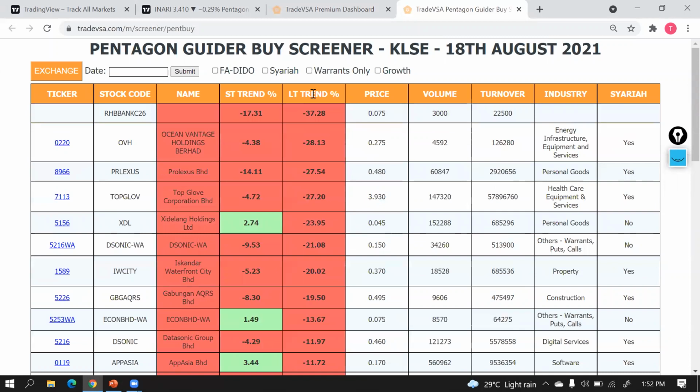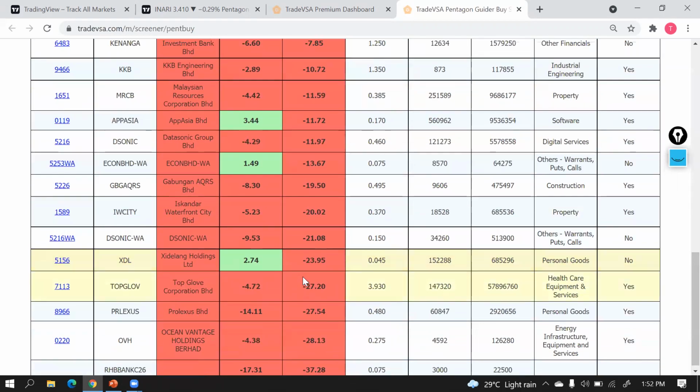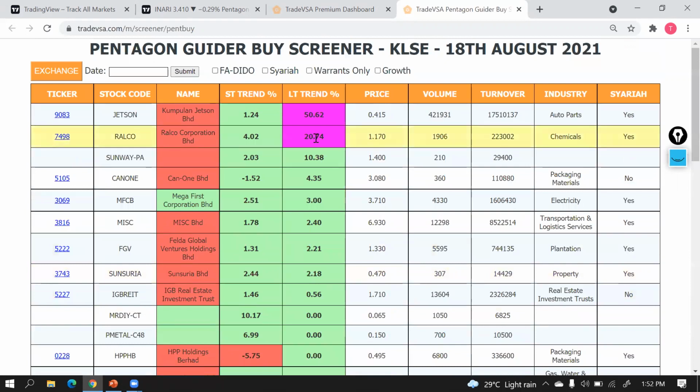What I usually do is sort by LT, from highest to the bottom, so I know how to focus properly by using which stocks are above the 200 MA. For example here, it seems like Jackson is weakening already. It turns to a red hit zone, but ST and LT are still okay. They are still above the support line. What does it tell you?